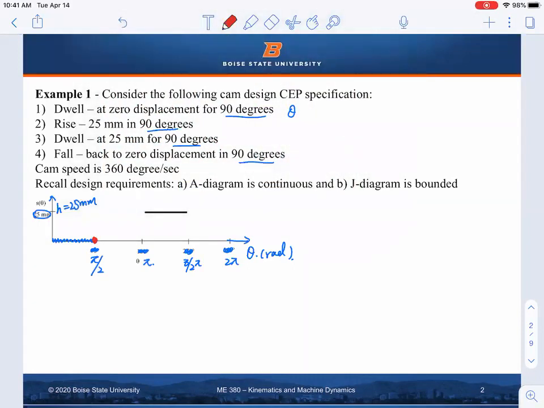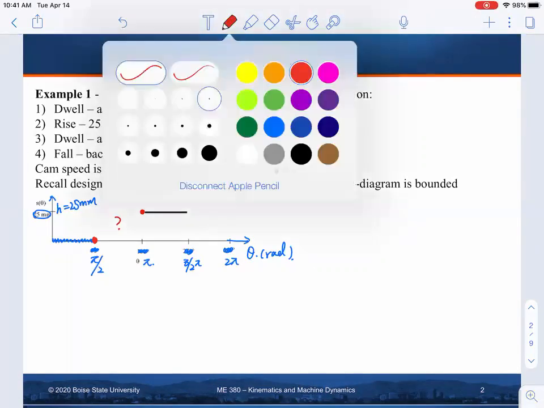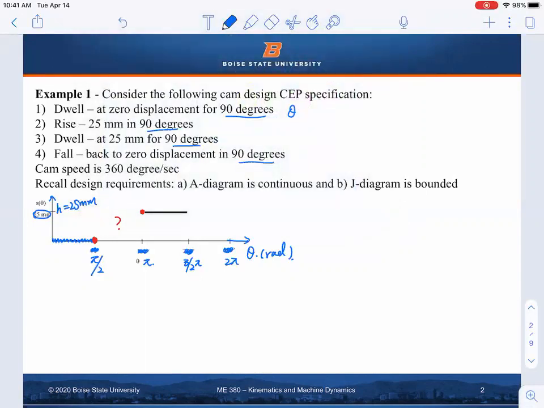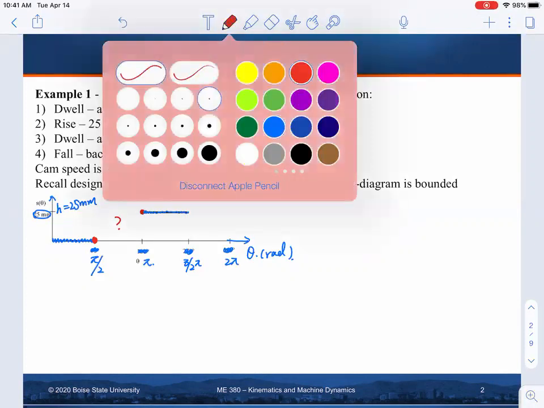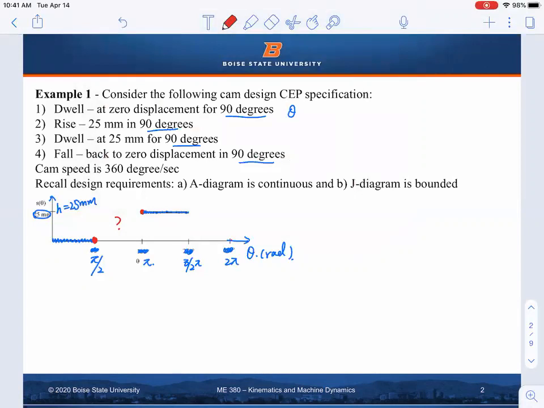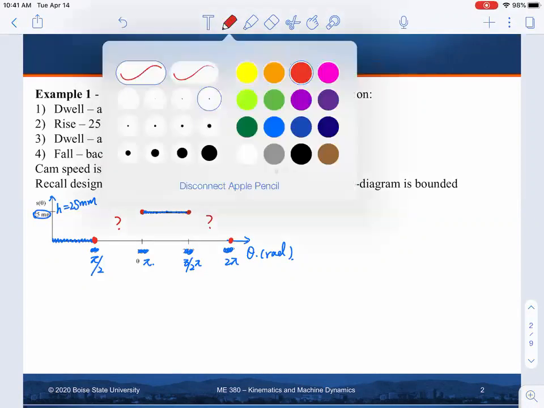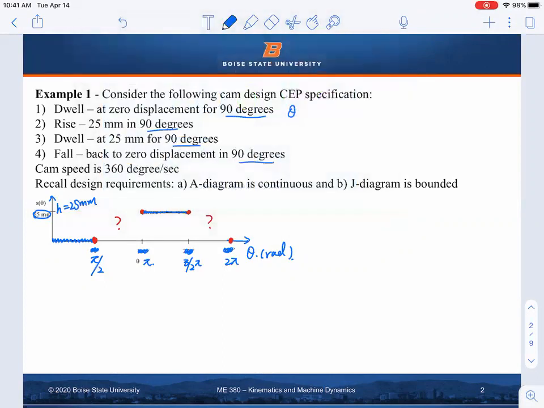It starts from 0 and ends at 25 millimeters, but whatever is in between is a question mark, so we need to design that. The third one is a dwell again, with 25 millimeters stationary. After that, it goes back to 0, and again we know the boundary conditions but no intermediate information. So 1, 2, 3, 4 segments.